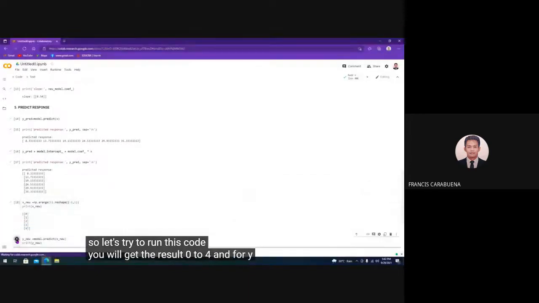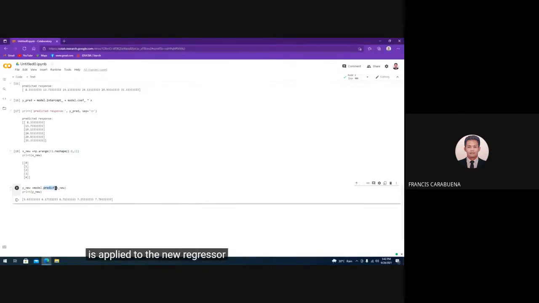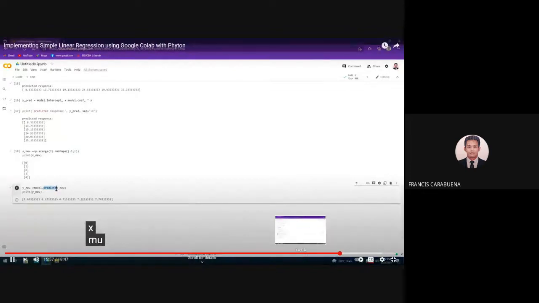And for y, so here is the result. So here, .predict() is applied to the new regressor x_new here and yields the response y_new.